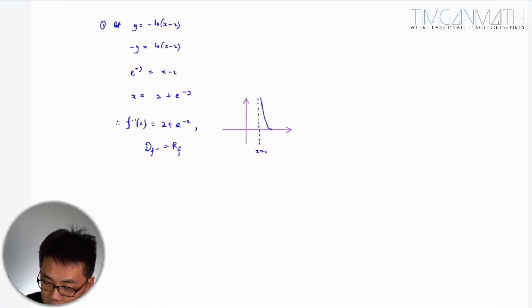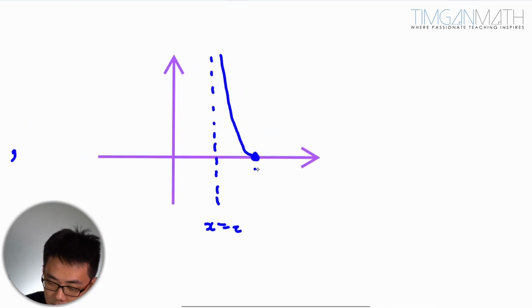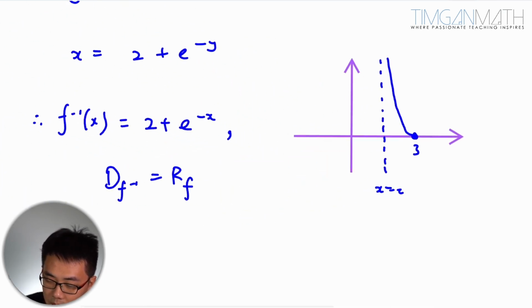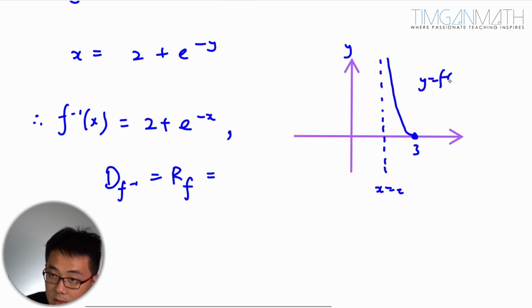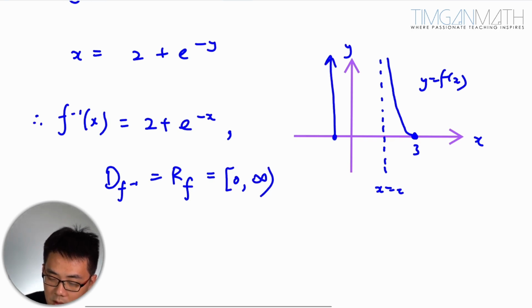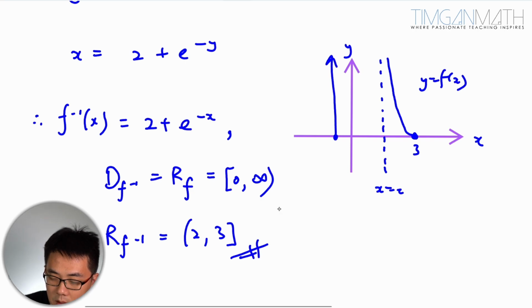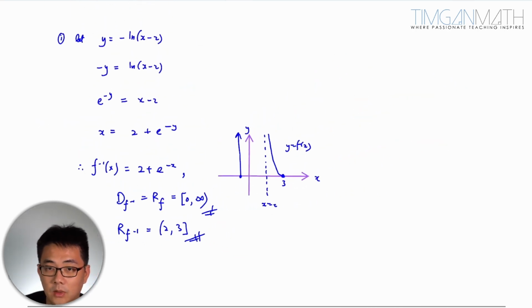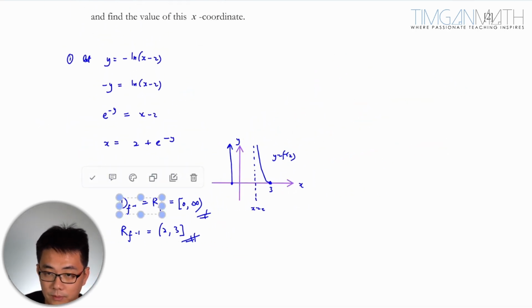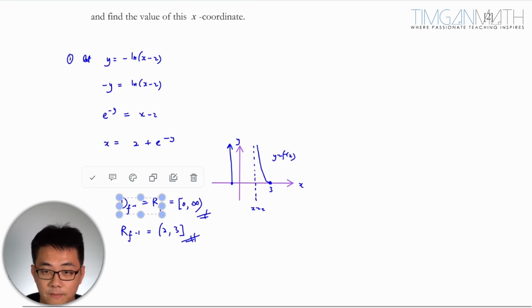So the range of f, with y equals f(x), would just be from 0 to infinity. Just remember that. The range of f inverse would just be from 2 to 3. Okay, so that's how you do this question.